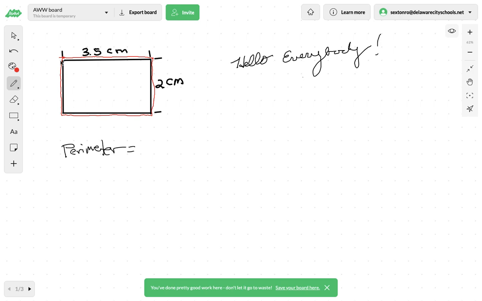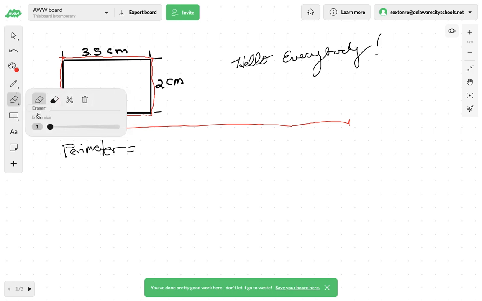Perimeter would be asking how long. If I took this string and stretched it out from start to finish, how long would that string be that was wrapped all the way around the outside edge? These are all just ways of thinking about perimeter, but it's important to understand what it does and doesn't mean.